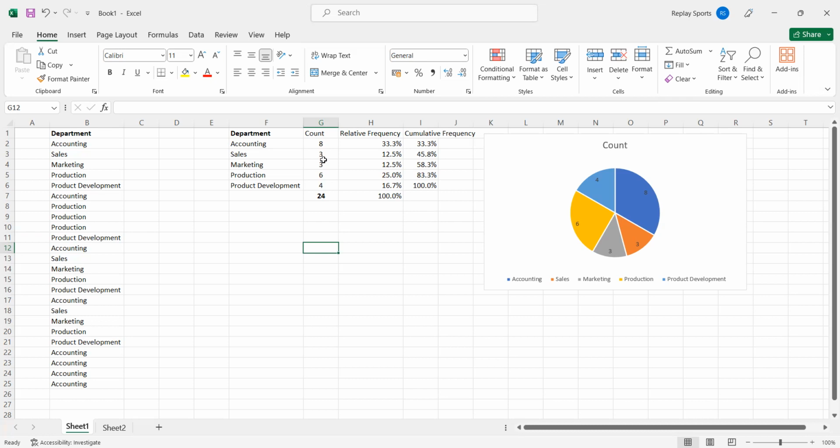If you put them in ascending order, you have sales first 3, then marketing, then product development. So 3 plus 3 plus 4 is 10. So 10 will go into the left half. Then it starts with production 6 and accounting. So the 11th and 12th will fall on production. So your production is the median.